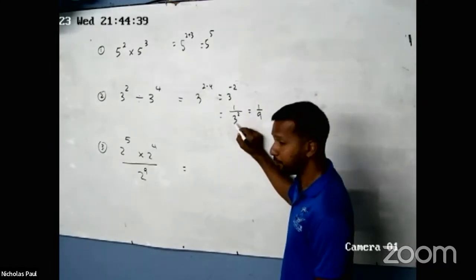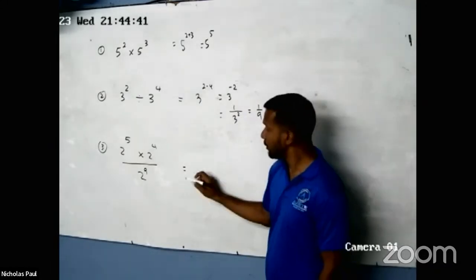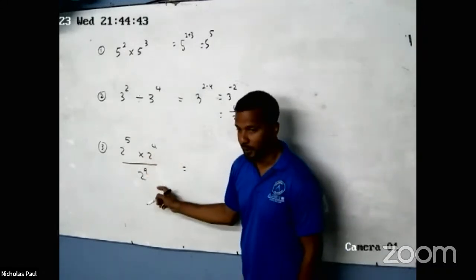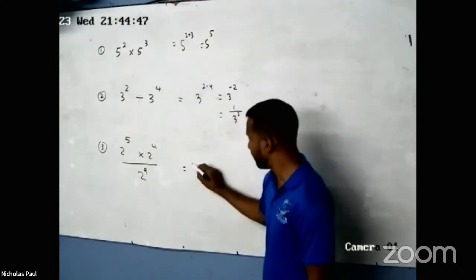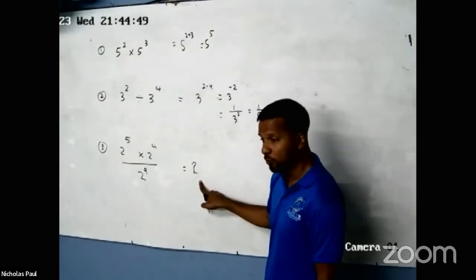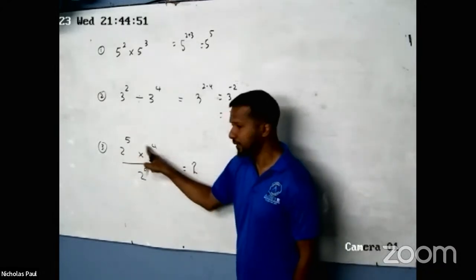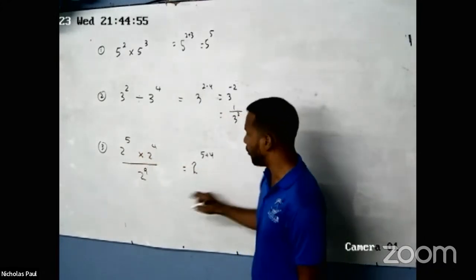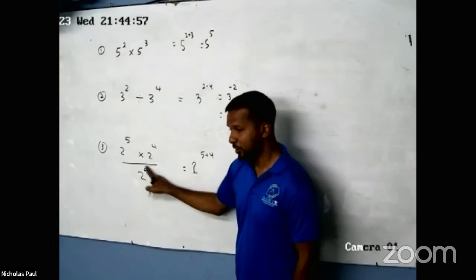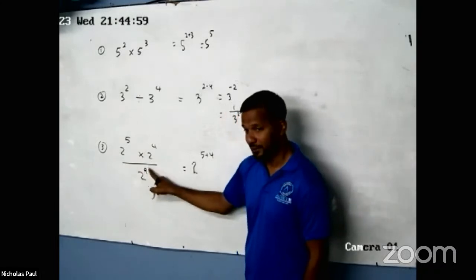All right, here now, we're doing it separately. We're going to do the top first, then the underneath, or you can do it all at once. The base is 2, you multiply, so you're going to add. So that'll be 5 plus 4, and then we divide, so you're going to subtract.